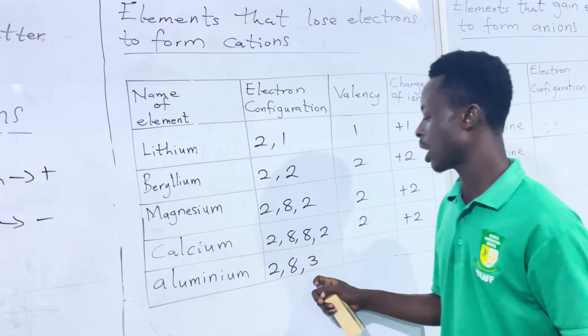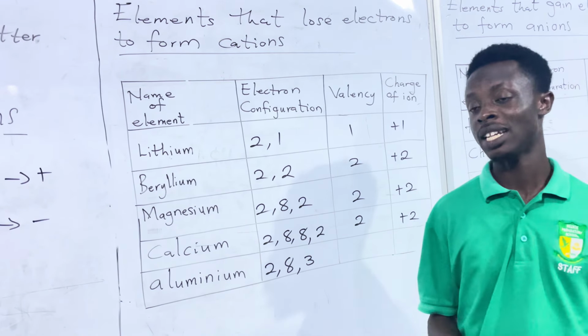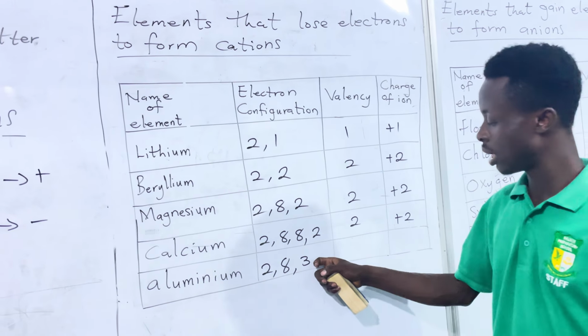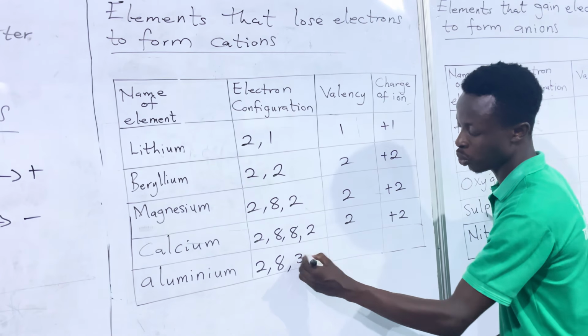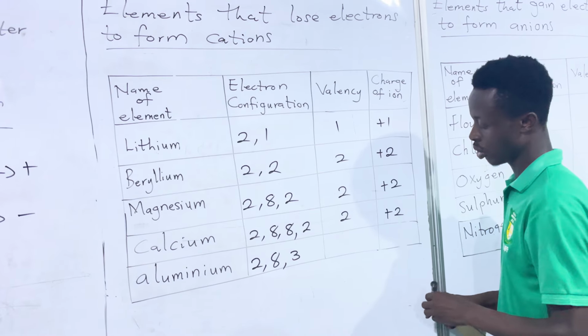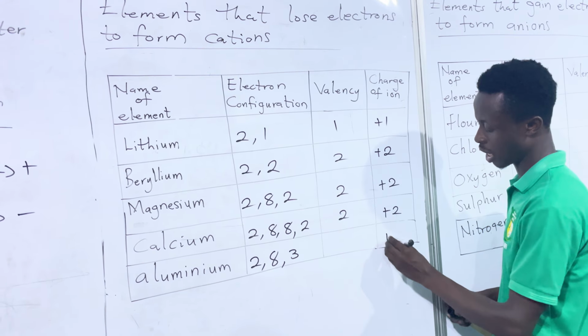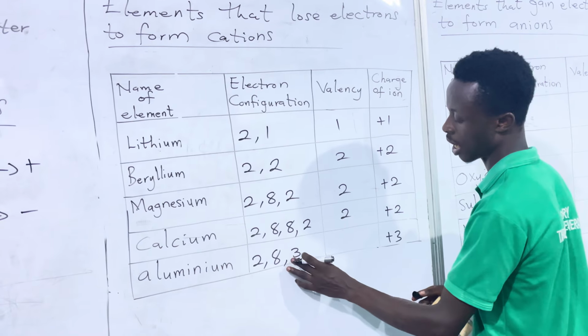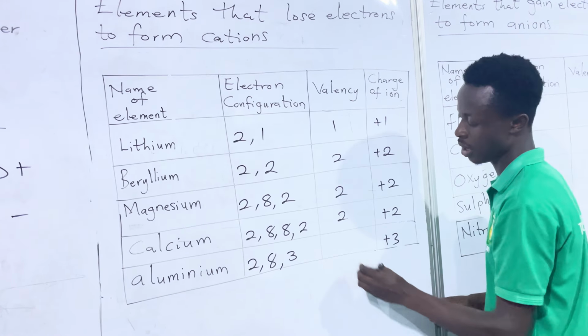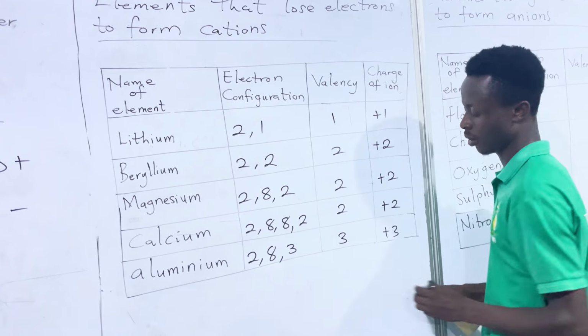Remember, the third shell takes a maximum of 8 electrons. Since it is not respecting the octet rule, it will lose these 3 electrons to form a +3 ion. And since these are located in the outermost shell, the valency is 3.